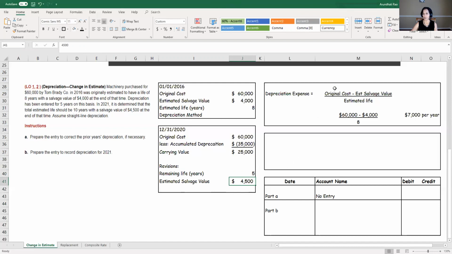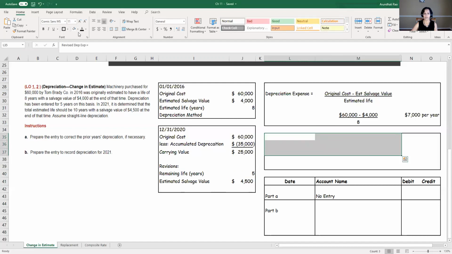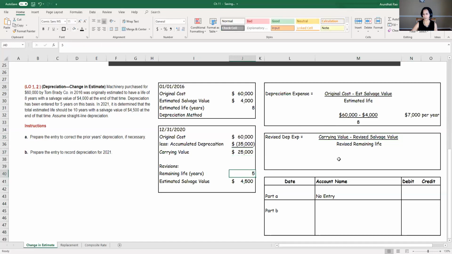So I go through the same process over here, but with one difference. The difference is in the numerator: instead of original cost, we have the carrying value at the date of change minus the revised salvage value divided by revised remaining life. I have all the information here, 25,000, 4,500, and 5 years.